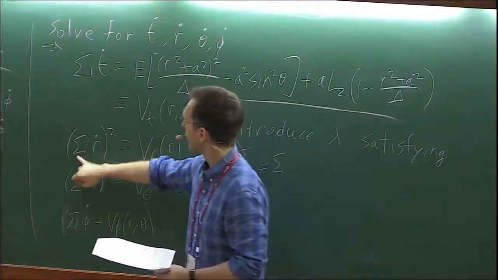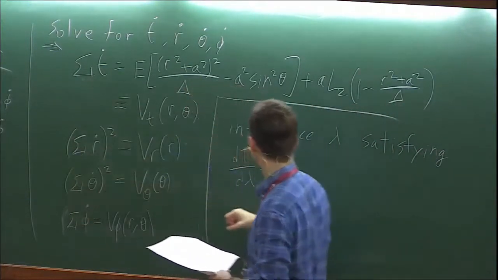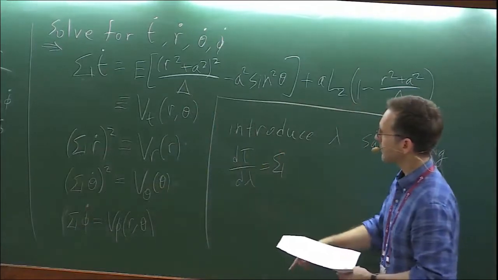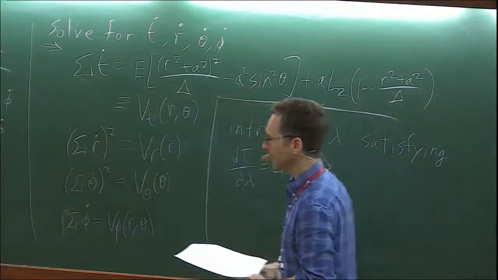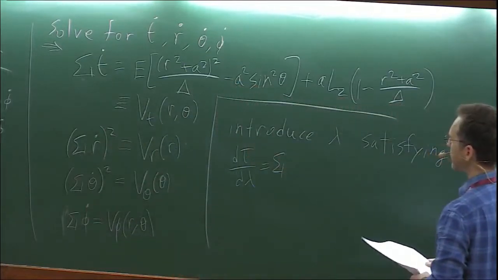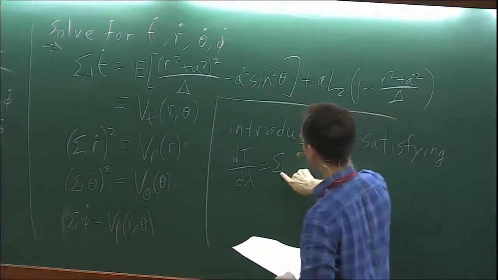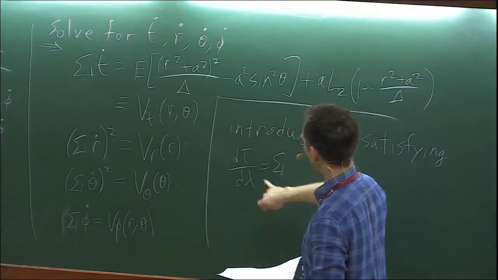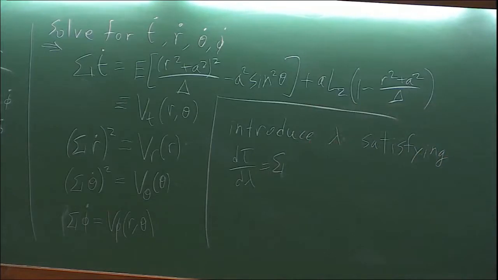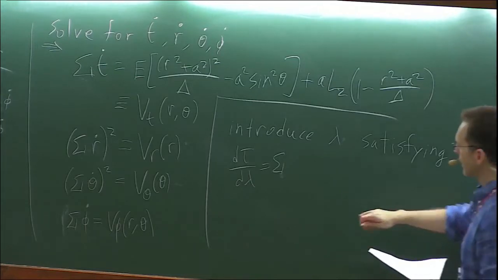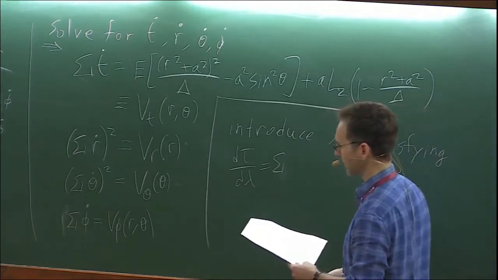So now on each term here we have d tau d lambda multiplied by, for example, dt d tau. So we can cancel the taus and just be left with lambdas. Carter introduced this time parameter lambda, but very often it's called Mino time, just because Mino made a lot of use of it in self-force analyses.